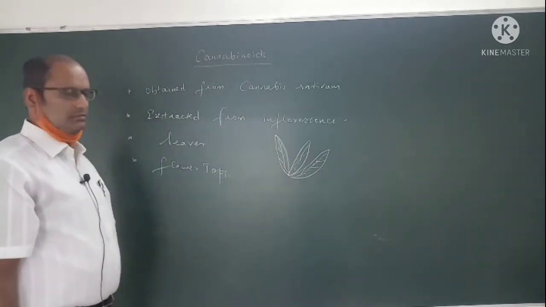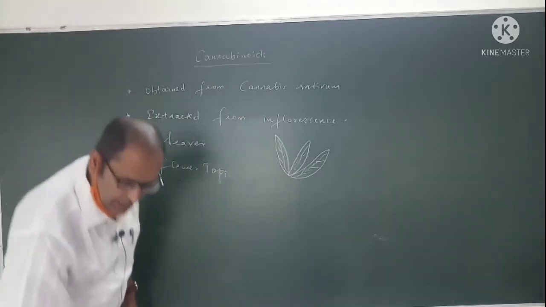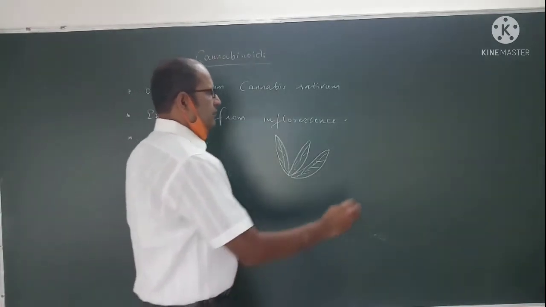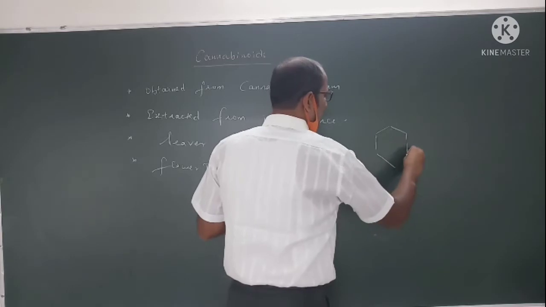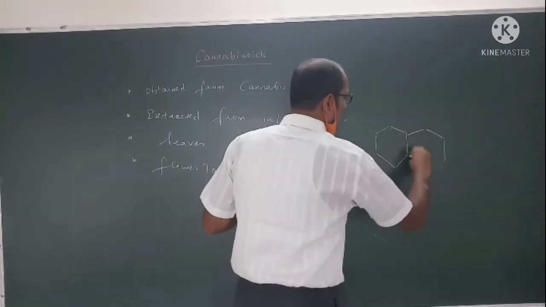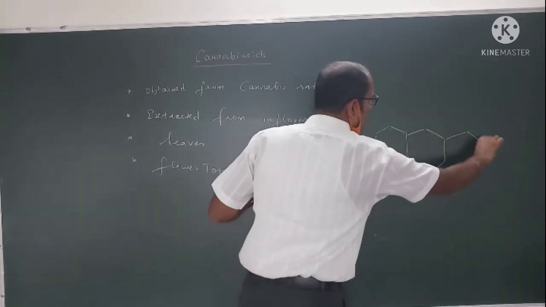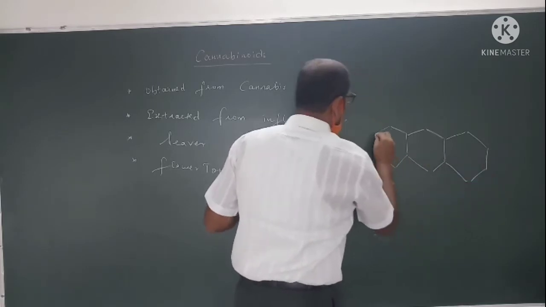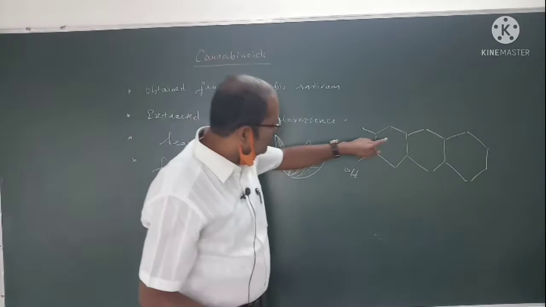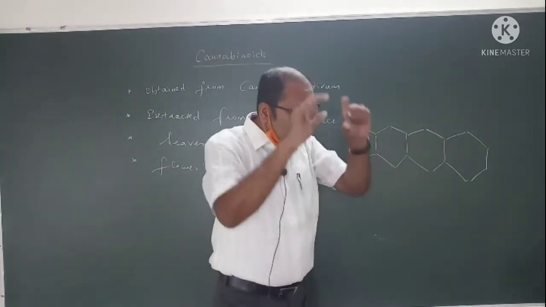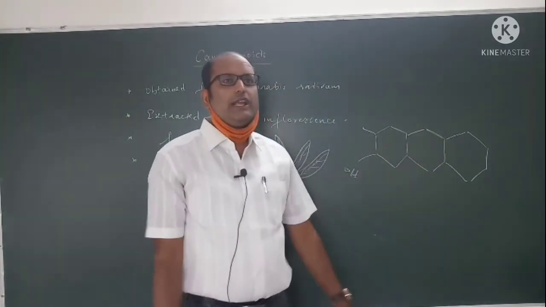Then sometimes they also put a question about the structure of cannabinoids, which looks like this. How do you identify it? When we identify it, you should see 3 ring-like structures. Are you getting the concept?